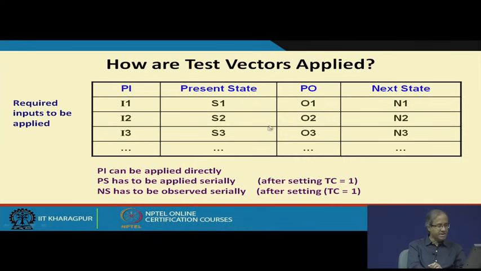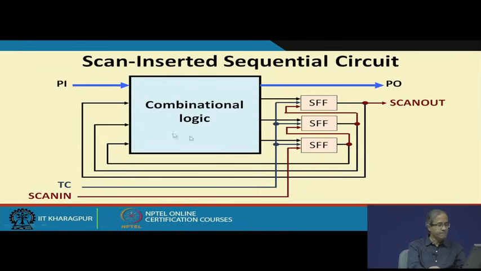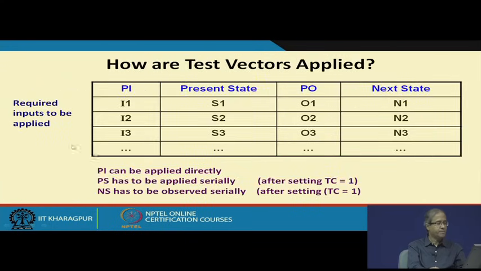But the problem here is that the way we have configured this circuit, the Pi part we can feed directly. This is our present state, this is our next state. Now, whatever is my present state, I will have to load the flip flops with those values. That cannot be done in parallel, that has to be shifted in serially in shift register mode.